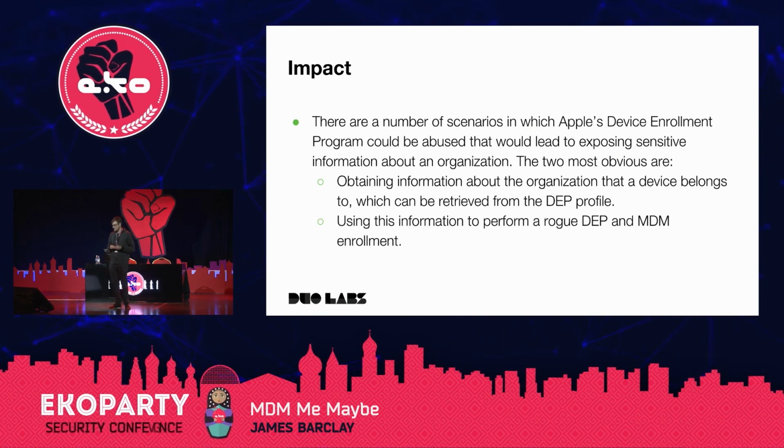Next, it's feasible, depending on the configuration of the MDM server, that an attacker could perform a rogue MDM enrollment. So basically, like stealing the identity of a corporate device.